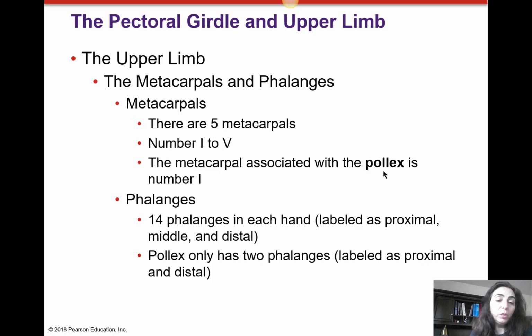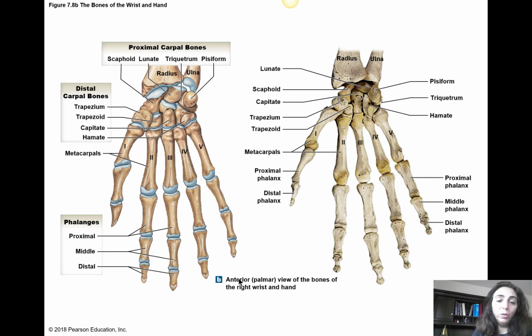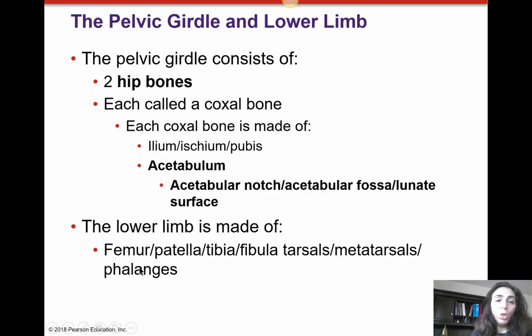And phalanges that we already discussed, we have 14 phalanges in each hand, labeled as proximal, middle, and distal, because 4 of the fingers have 3, so it becomes 12, and the thumb has 2, becomes 14. Pollex only has 2 phalanges labeled as proximal and distal. As you see all the metacarpals here, and also you see the proximal and distal phalanx of the thumb, and proximal, middle, and distal of all the other ones.